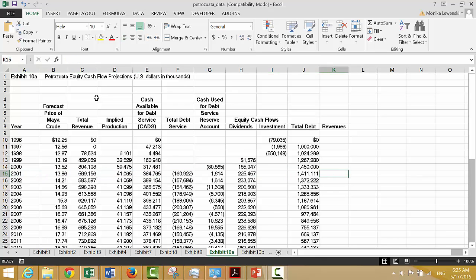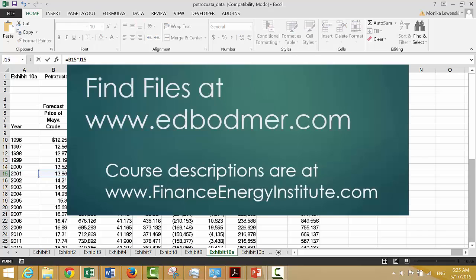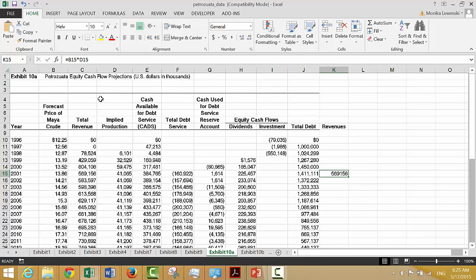Perhaps we'll start here. So let's put the oil price multiplied by our production. Put that down. Okay, shift control, Alt H9.